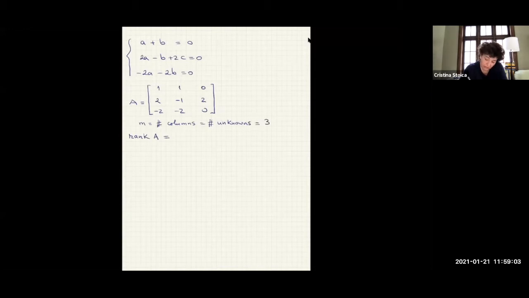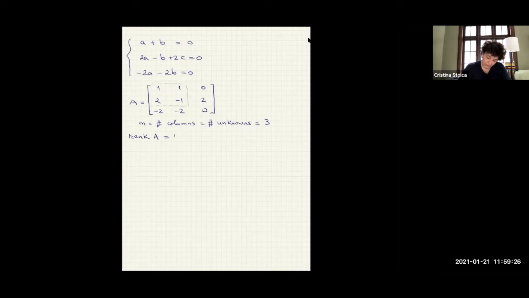As for the rank of A, if we compute it, you're going to see the determinant of A is 0. Or if you do row reduction, the point is that the rank of A will turn out to be 2, and it's easy to see that this block here has non-zero determinant.